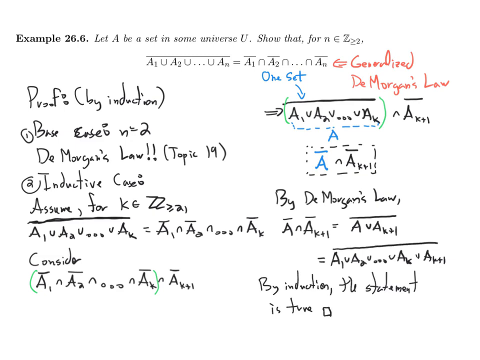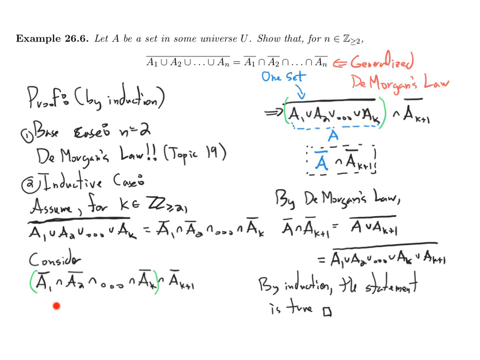Again, the whole crux of this one was figuring out how to use your inductive hypothesis. Here, it would probably be easier to use your inductive hypothesis with the little constituent parts with the complements rather than everything union together with a complement of that big union. So I started with the right side and made it look like the left side using my inductive hypothesis.